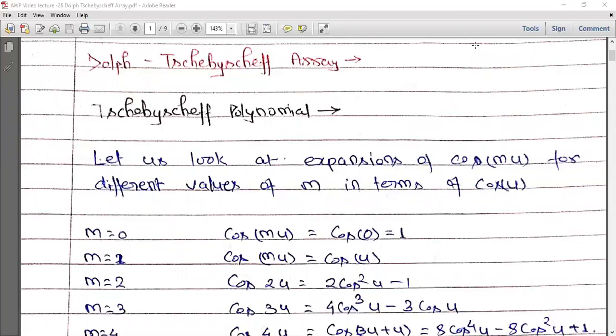In that array, the excitations of the elements are found using binomial expansion. To be precise, if we have capital N elements in the antenna array, we expand 1 plus x to the power n minus 1, one less than the total number of elements.